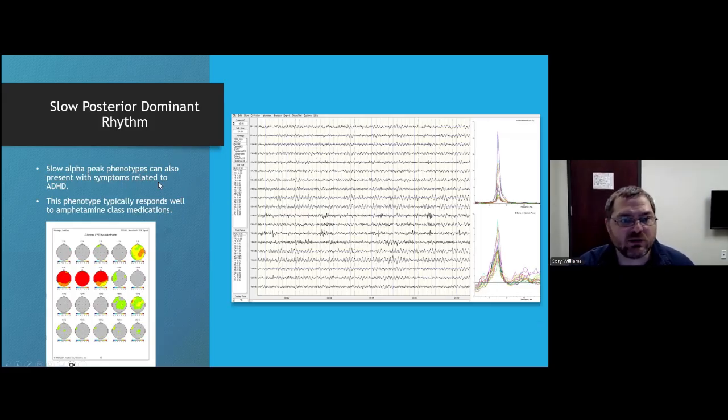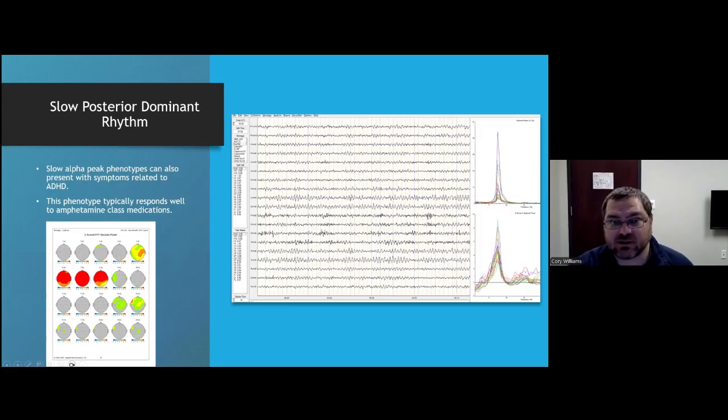So when we do a map for someone, and we look at these maps over here on the left, we think, oh my gosh, look at all this 5, 6, 7 hertz. This person has lots of theta. But when we look at their raw data, we see that what they really have is slow alpha. Their alpha peaks at around 7.5 hertz. So around between 7 and 8, right?